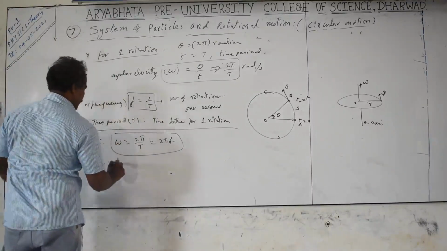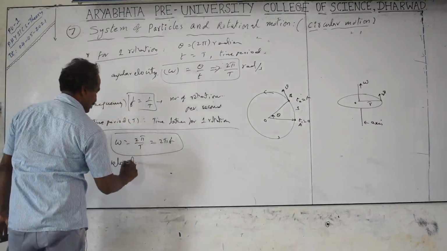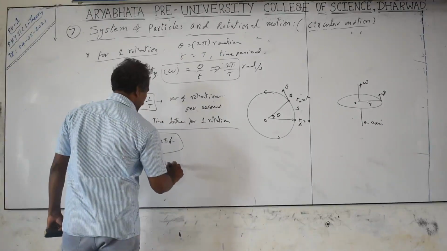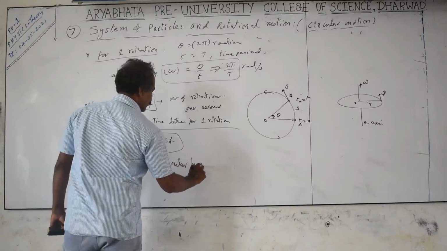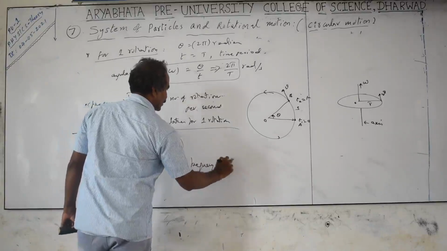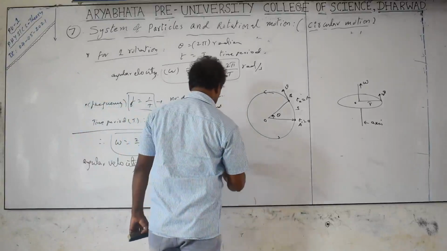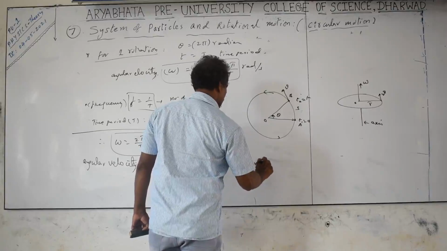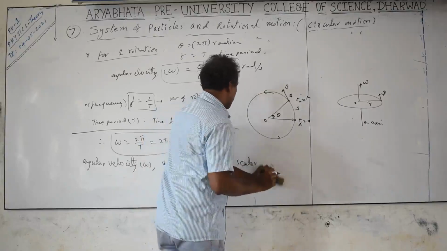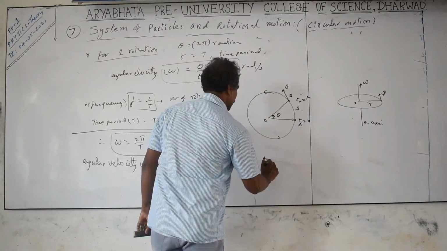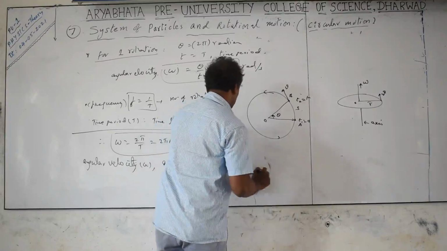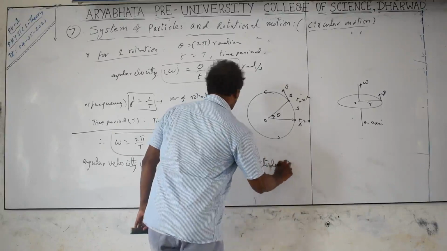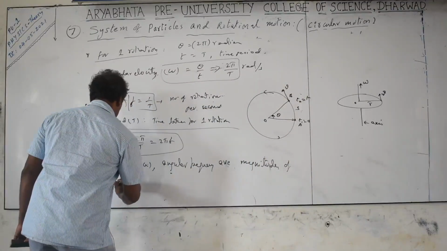Angular velocity, same omega only, comma, angular frequency, or scalar quantities, or just write the scalar terms, or magnitudes of angular velocity.